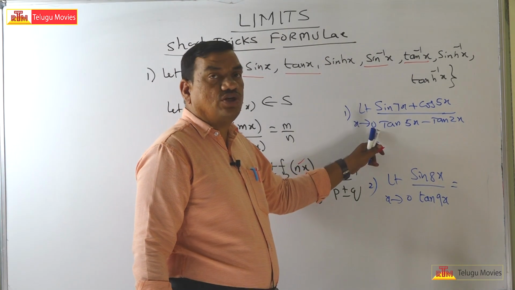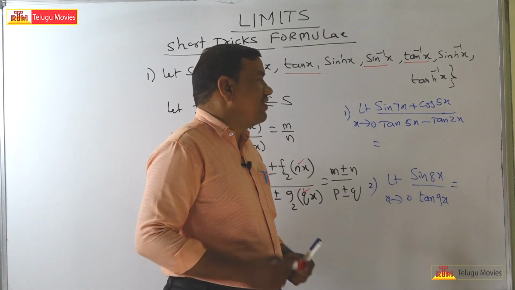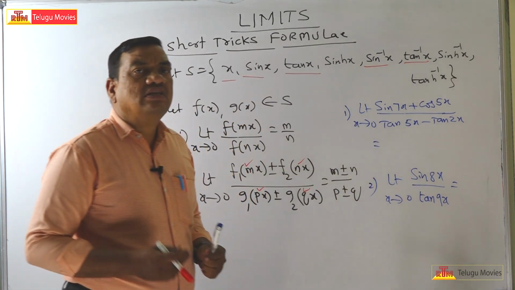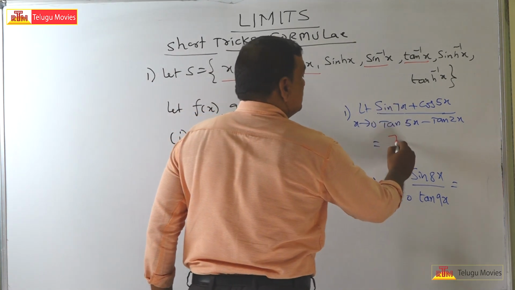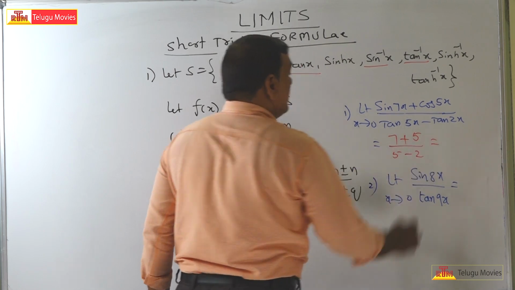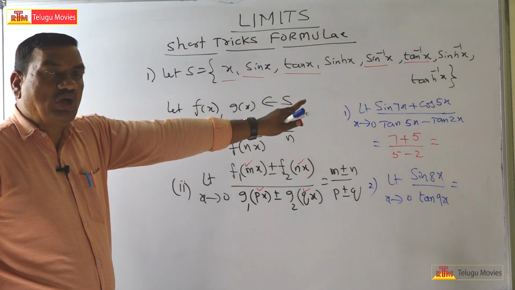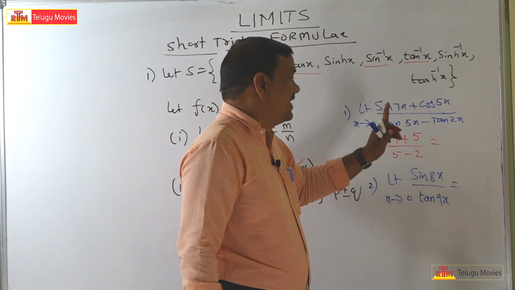Limit as x tends to 0 of sin 7x plus cos 5x upon tan 5x minus tan 2x. This problem can be done in a short trick way. Here 7 is there, here 5 is there, 7 plus 5, minus 2. That's all, just take the coefficients. The functions should be sin x, cos x, tan x.